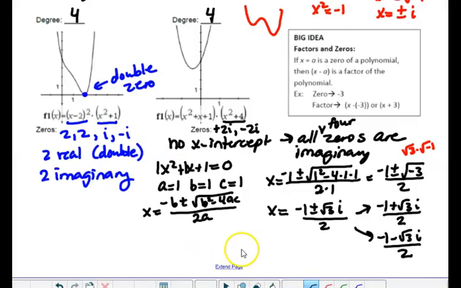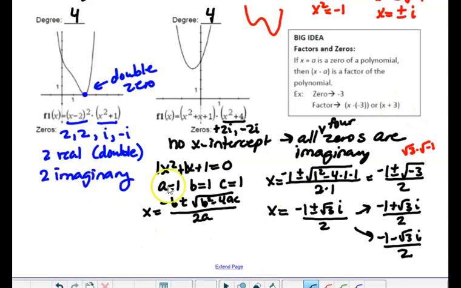Now back to the notes for the big idea. Factors and zeros. If x equals a is a 0 of a polynomial, then x minus a is a factor of the polynomial. So for example, if we have a 0, or an x-intercept in this case, of -3, the factor would be x minus -3, or x plus 3. The same thing is true for imaginary numbers.